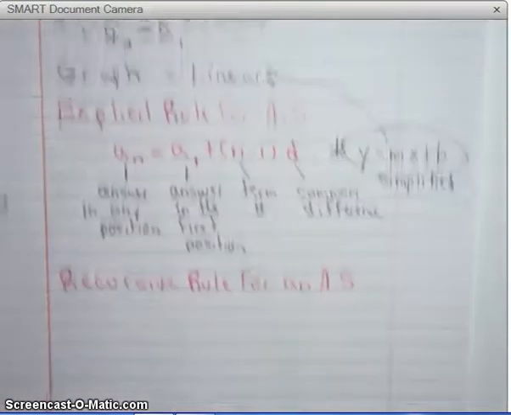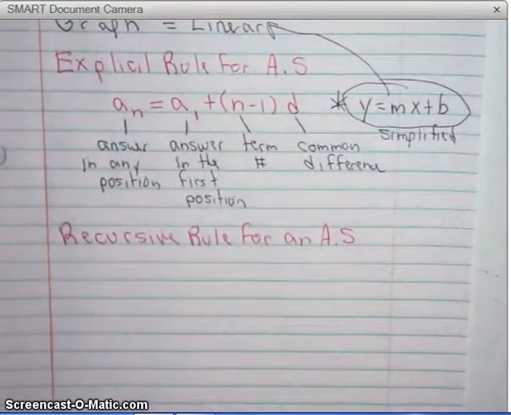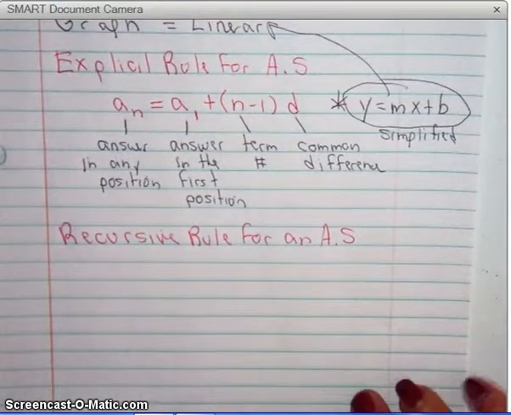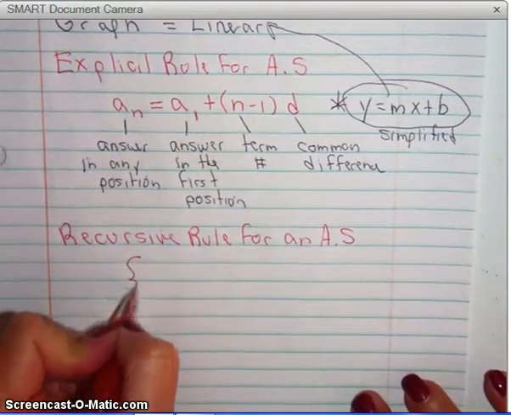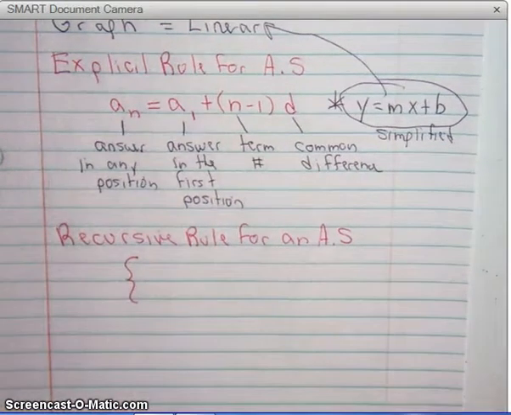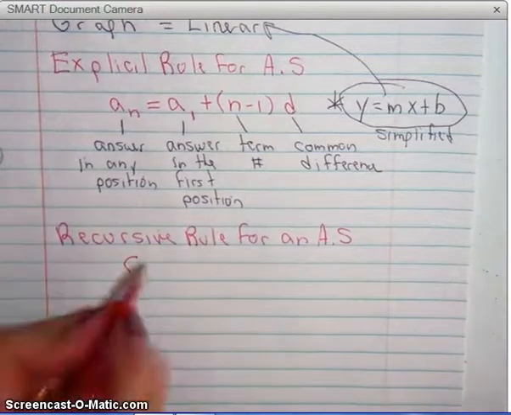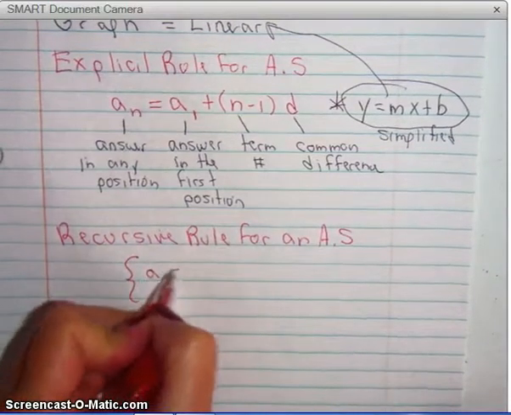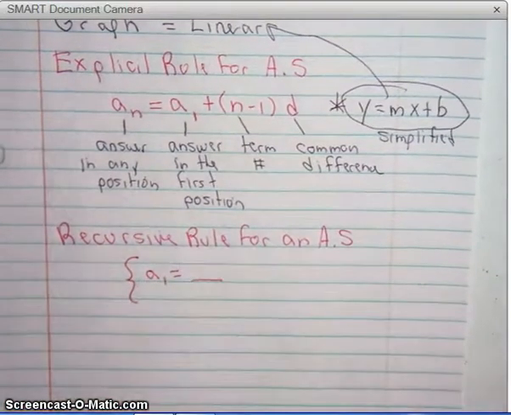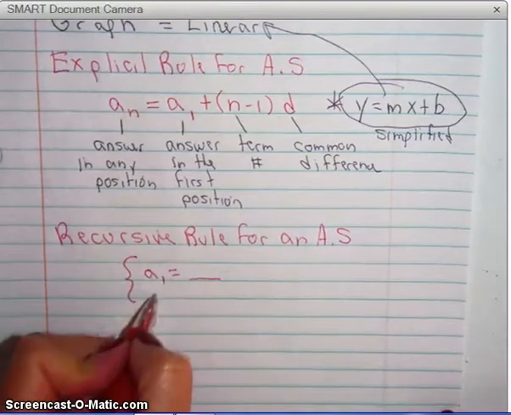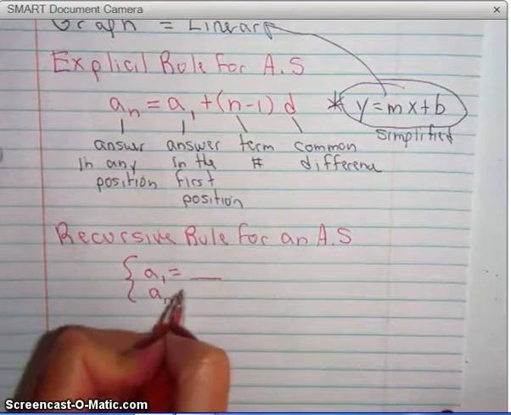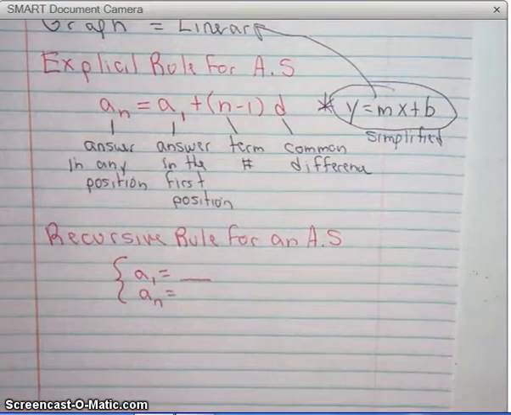So the recursive rule for an arithmetic sequence. Okay? Remember, recursive always goes in brackets. Recursive, always give me that first term, the first answer. Recursive always gives a rule for a sub n. Recursive always tells you to look back 1.